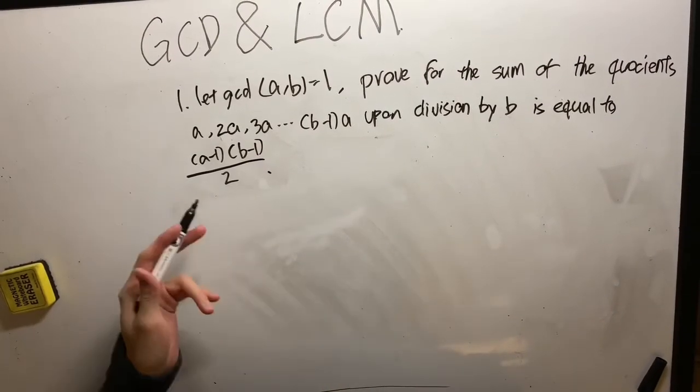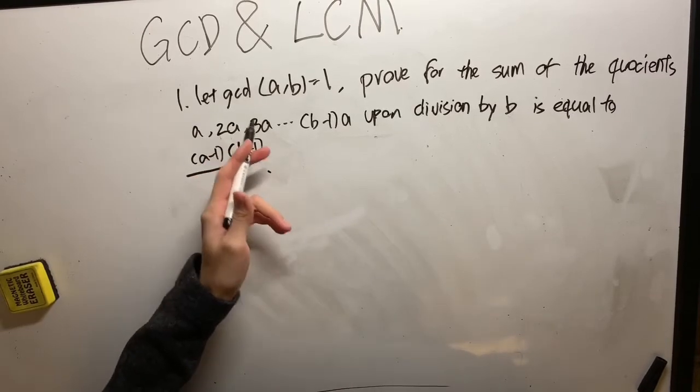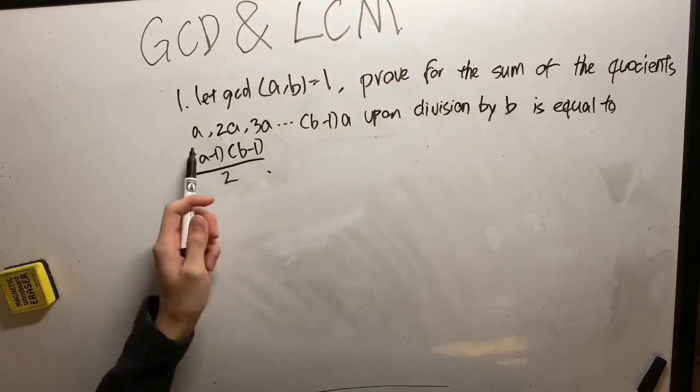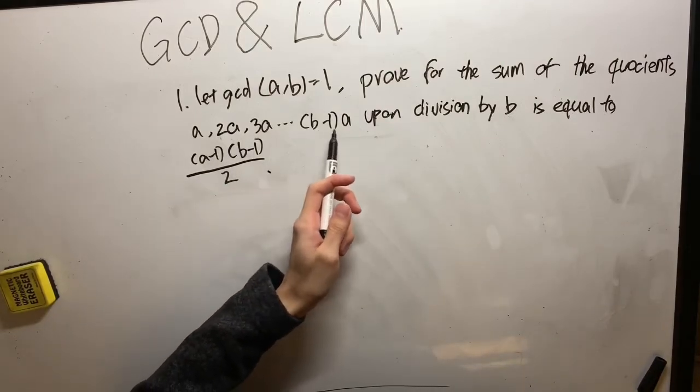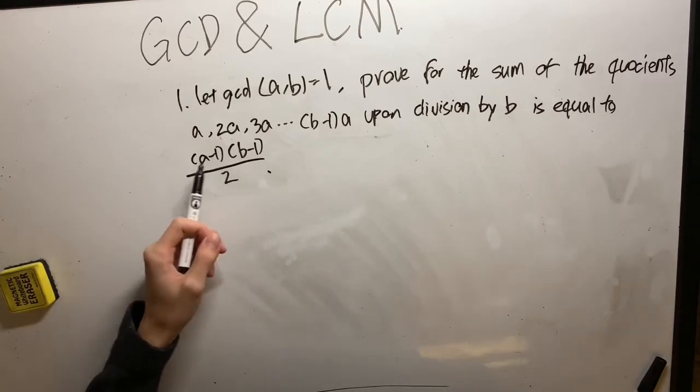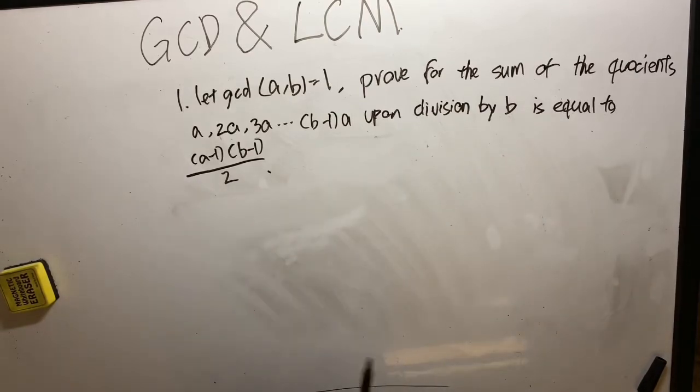Now let's see the first question, where GCD of A and B equals 1. Prove that the sum of the quotients of A, 2A, up to (B minus 1)A upon division by B is equal to (A minus 1) times (B minus 1) over 2.